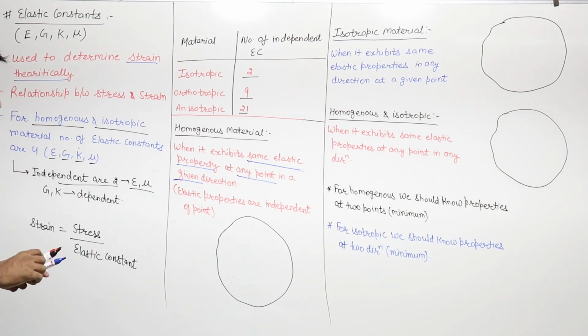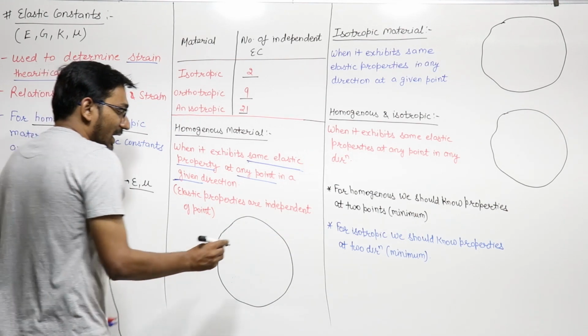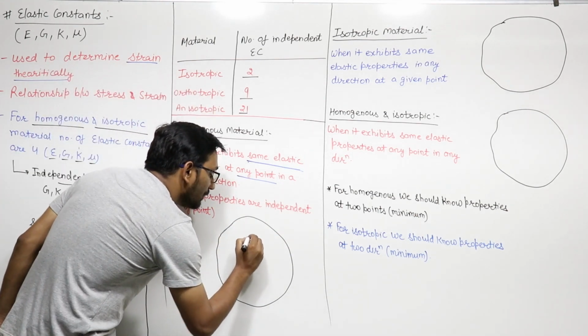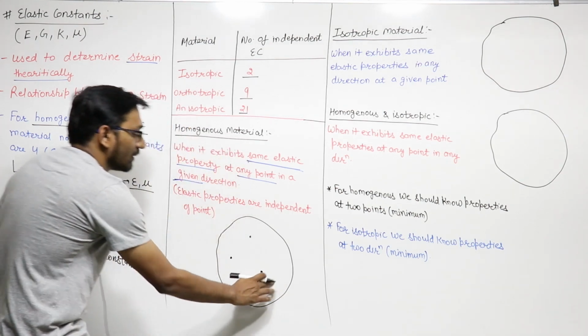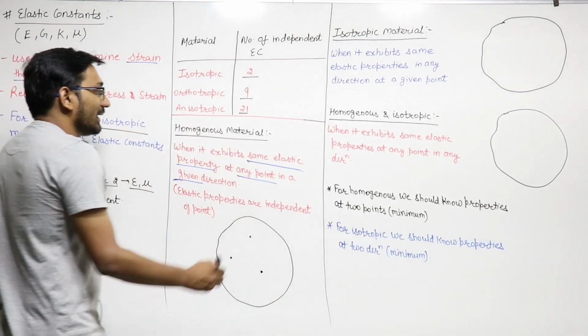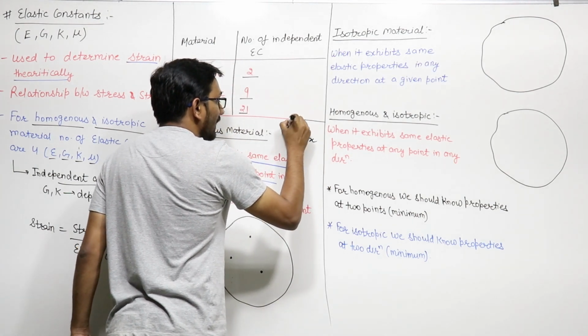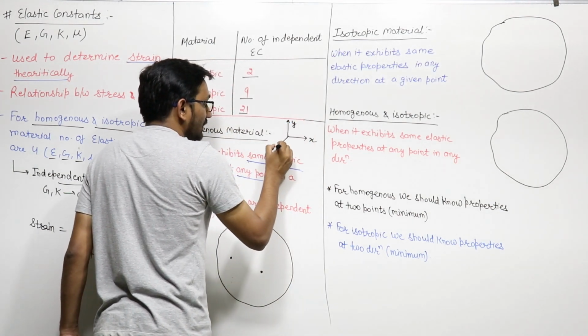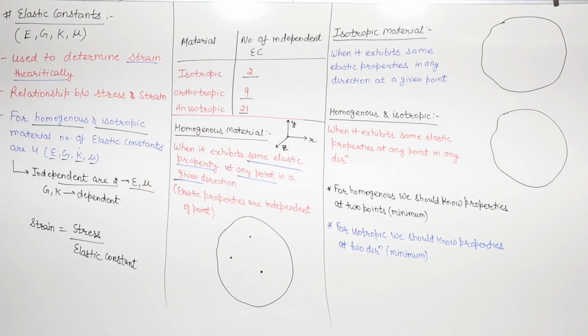Now I can say that suppose this material is a homogeneous material, and in this I am taking 3 points. Let us say we are discussing about these 3 points, right? And we are taking this as a x-axis, vertical is a y-axis, and this is a z-axis, right? We are assuming it x, y and z.